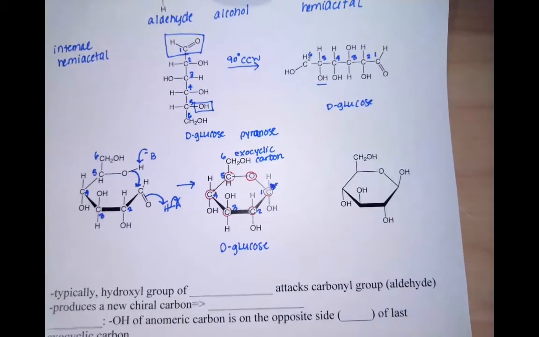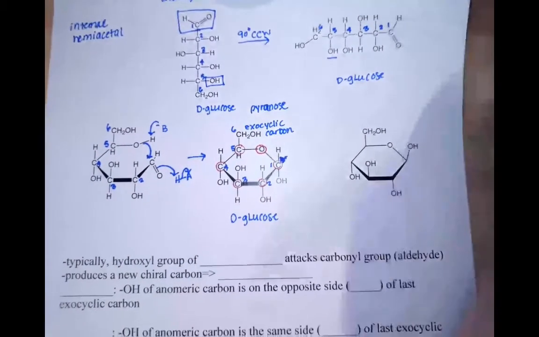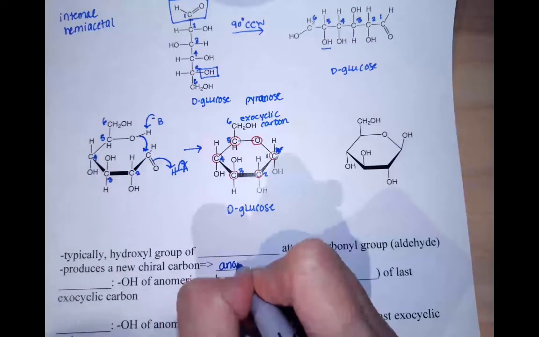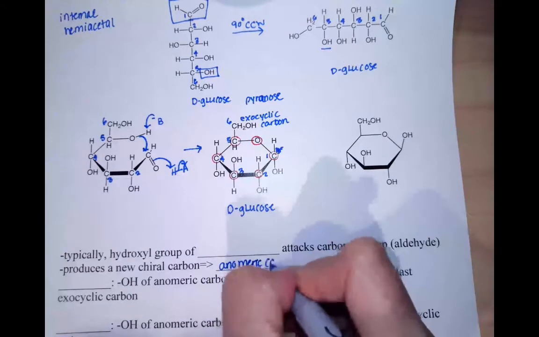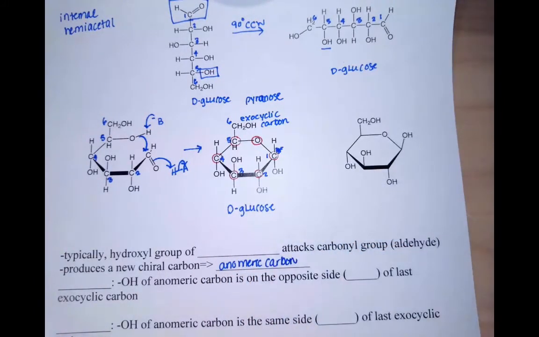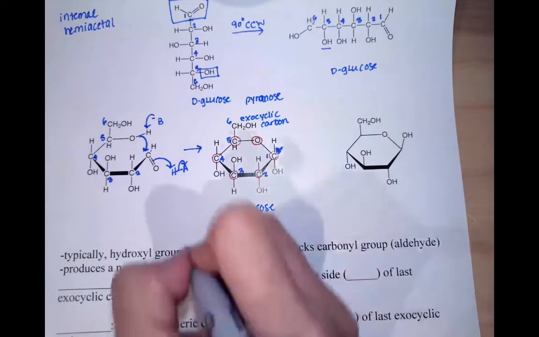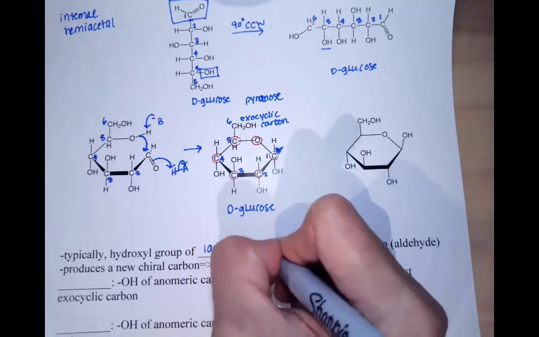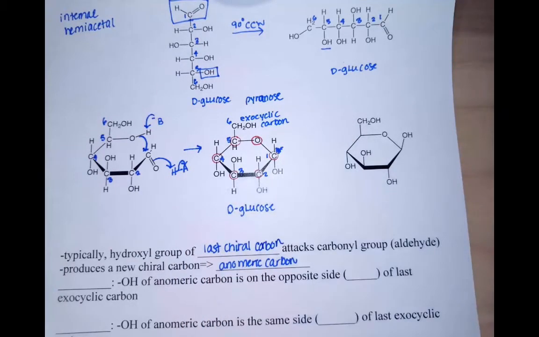This new chirocarbon that's been produced, this is what's called an anomeric carbon. By the way, I just want to reiterate that in the cyclization reaction, typically it's the hydroxyl group of the last chirocarbon that's going to do the attacking of the carbonyl group, which in this case is an aldehyde.